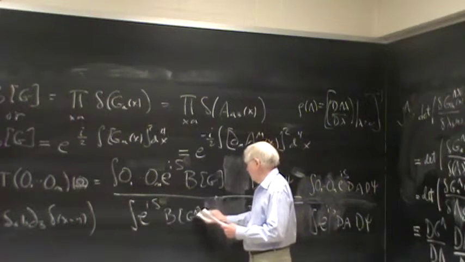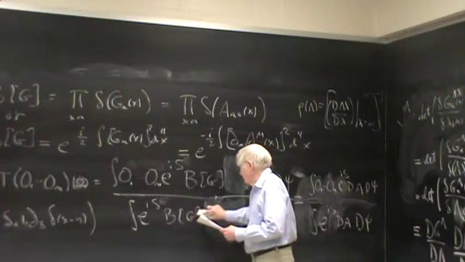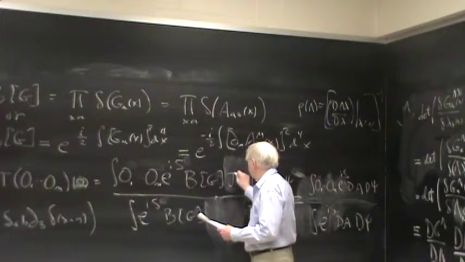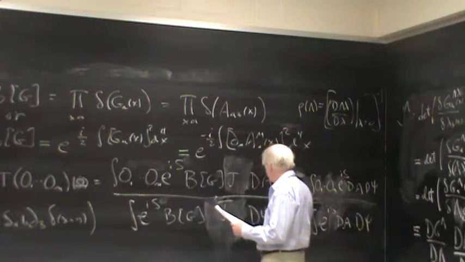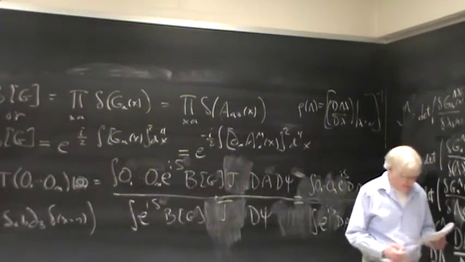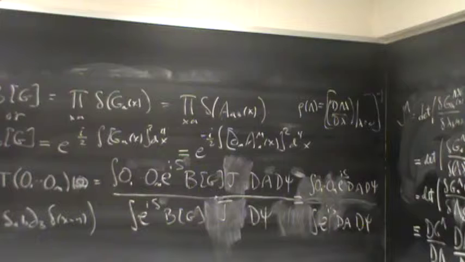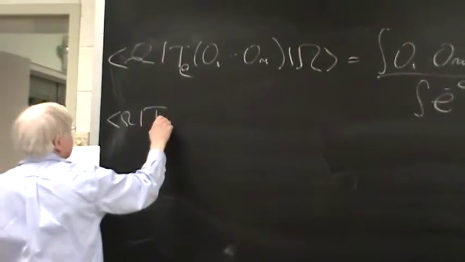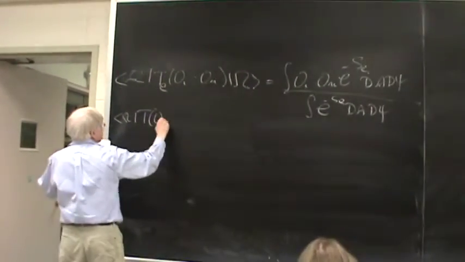Oh, we need a j though. dA, d psi. So that was our earlier expression. We go to there. And now we choose b of g. So now we're saying omega t, and now we're in real space-time.